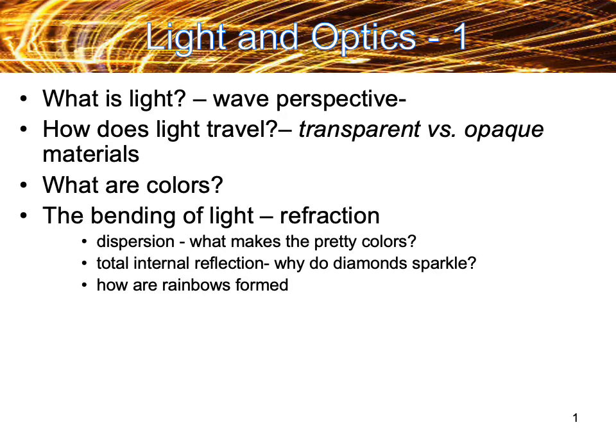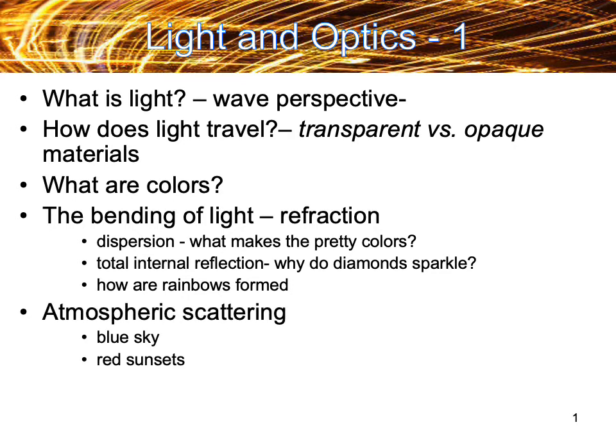The light is known to travel at a different speed in a different medium, different matter, because of the way the electromagnetic waves interact with the electrons inside the atoms, and that's how the bending of light occurs.